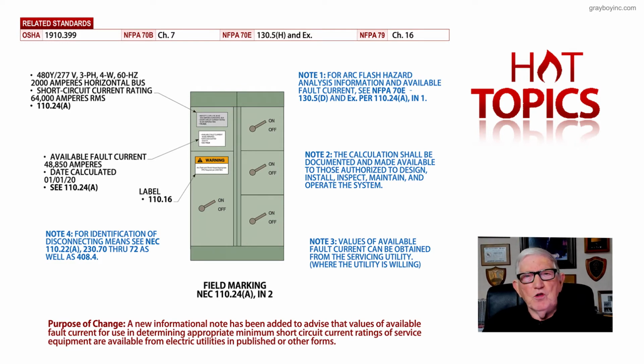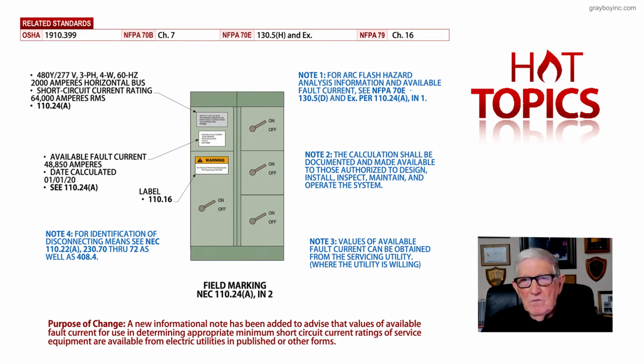the available short circuit current from their power source to the service point as defined in Article 100 of the NEC. Now, this field marking that we're talking about in the illustration is NEC 110.24(A) Informational Note 2 on pages 49 and 50. Well worth reviewing.